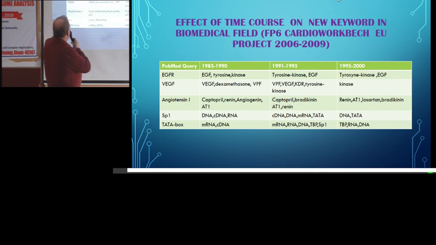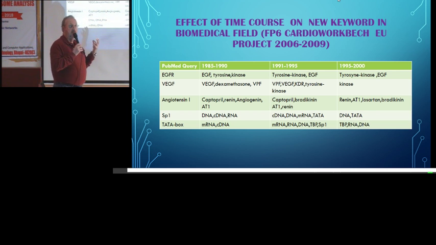The other thing is, for instance, you can see SP1, that is a transcription factor. It's interesting because mRNA is highly frequent, showing a higher frequency in a specific period, but disappears in the other period.